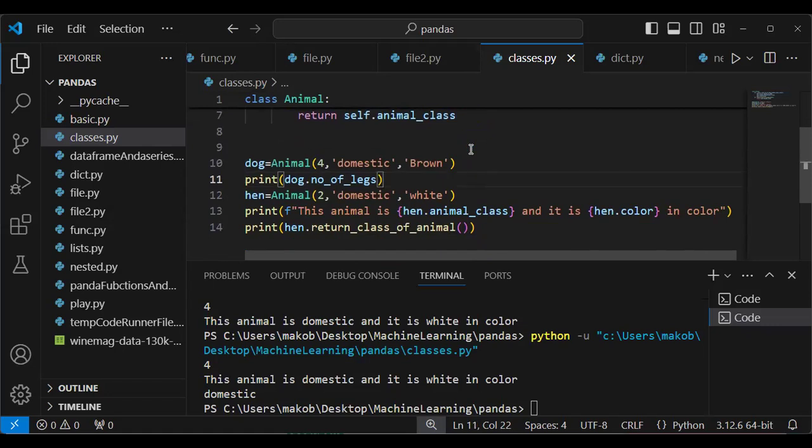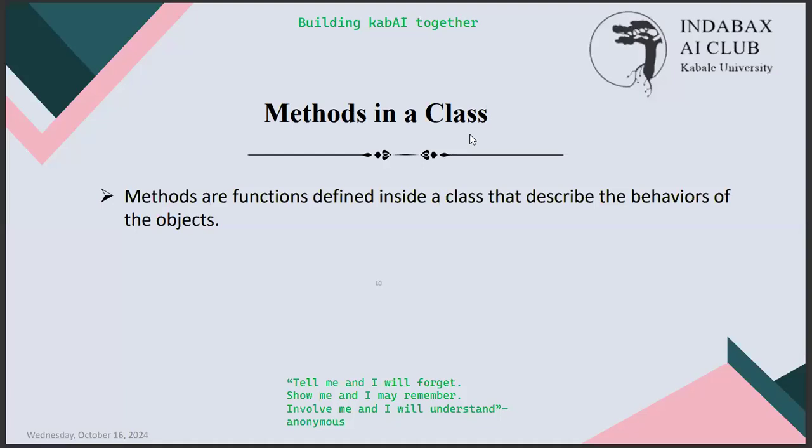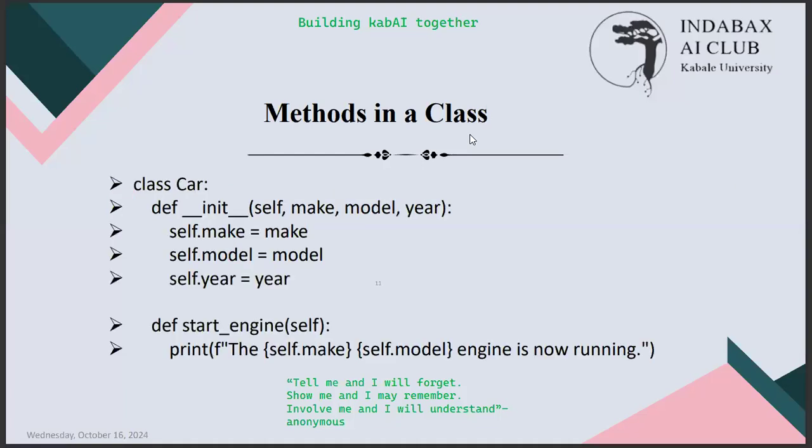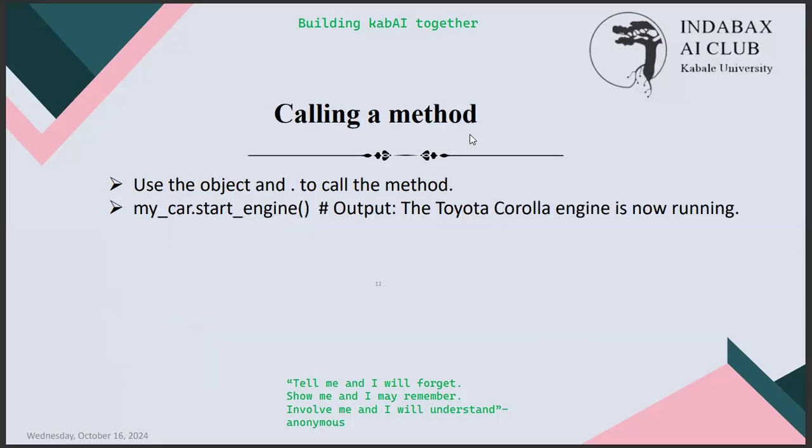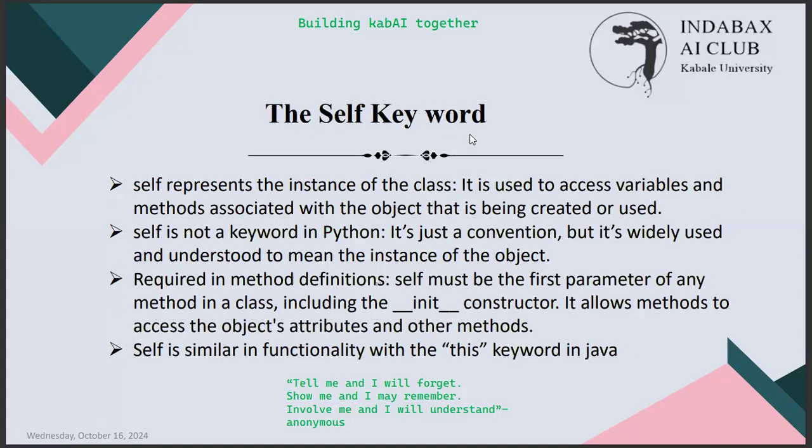But then their characteristics are not very different. That's why they are in the same class. Calling a method, we have also looked at that. We use the object name followed by the dot operator and then followed by the method name.